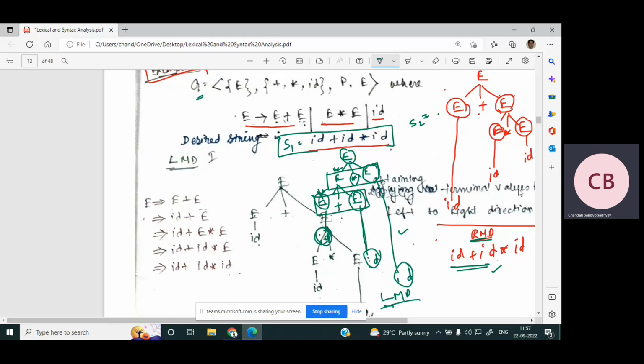If S2 does not belong to grammar G, then it is not possible to obtain the LMD or RMD. But if S2 belongs to grammar G, then at least once, leftmost derivation or rightmost derivation based tree, you can find.